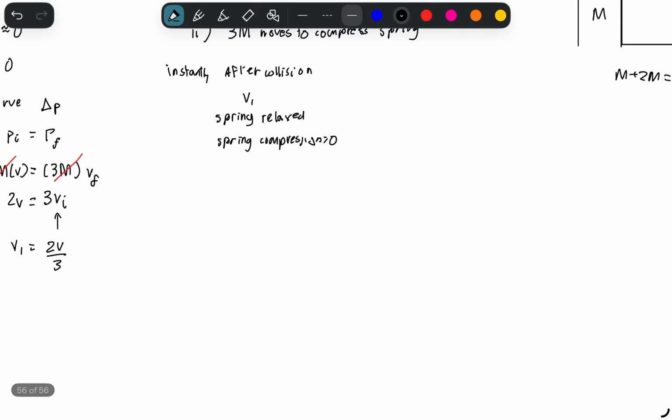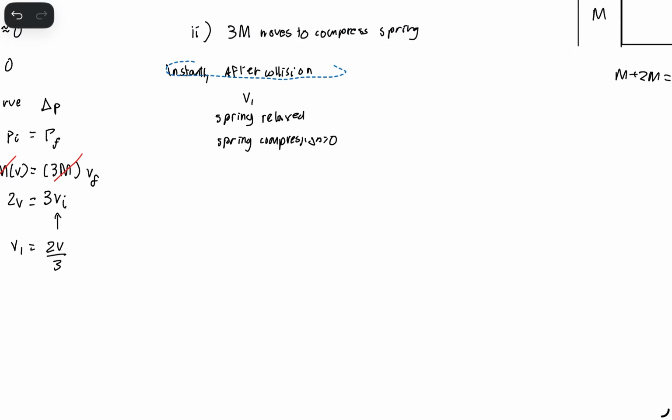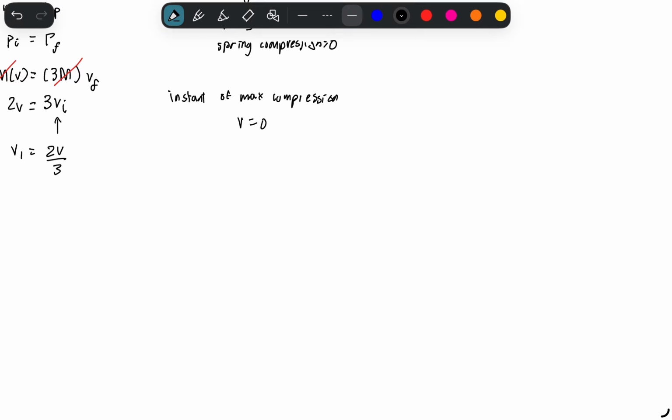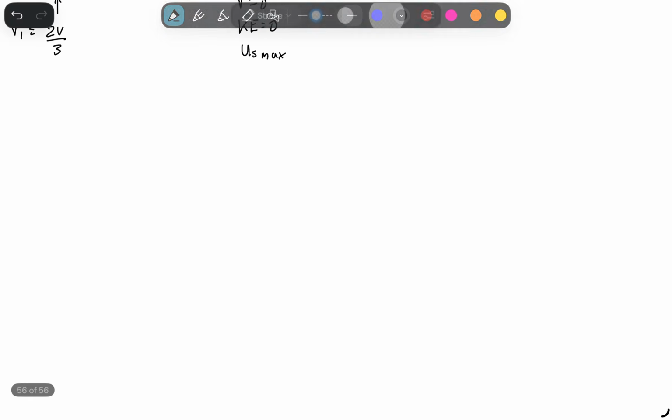But then at the instant of our max compression, we'll have our speed equal to 0 because all the kinetic energy will be potential energy. So we have conservation of mechanical energy after the collision.